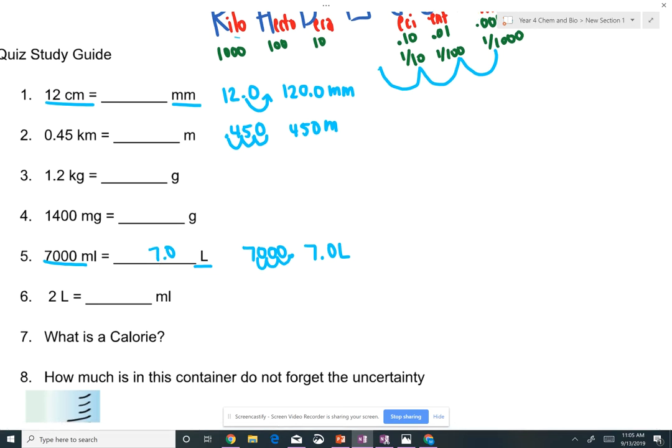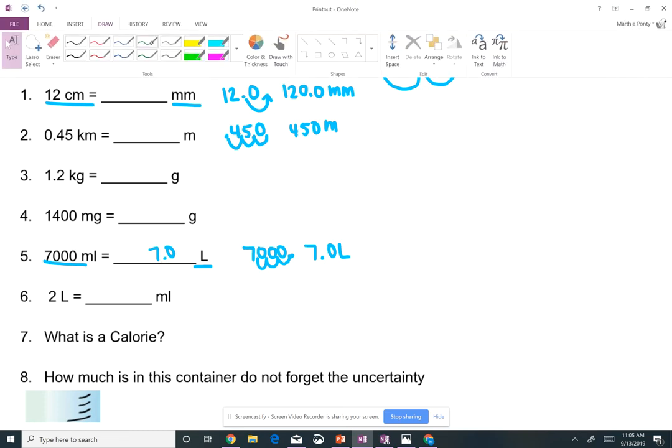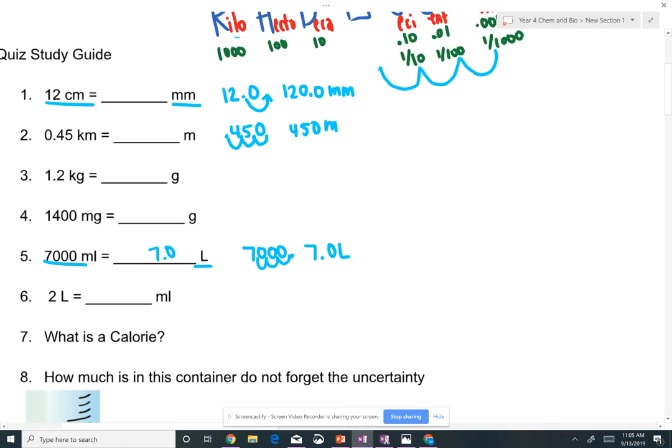One last note: just make sure that you know what things measure what. Make sure that you know that temperature is degrees Celsius or Kelvin, which is represented by a K. Length, like I said earlier, is meters.